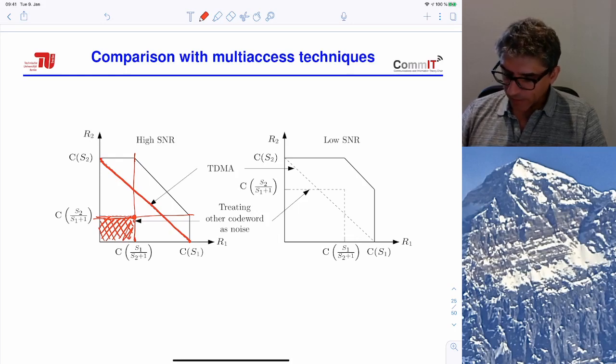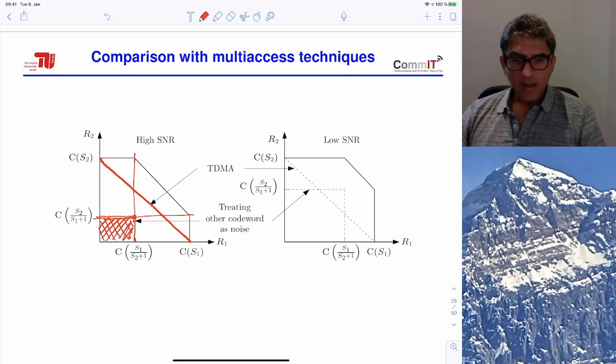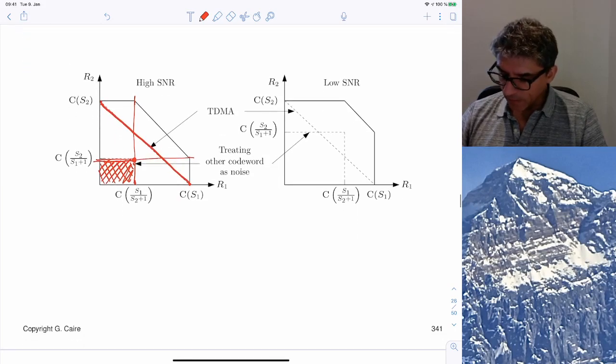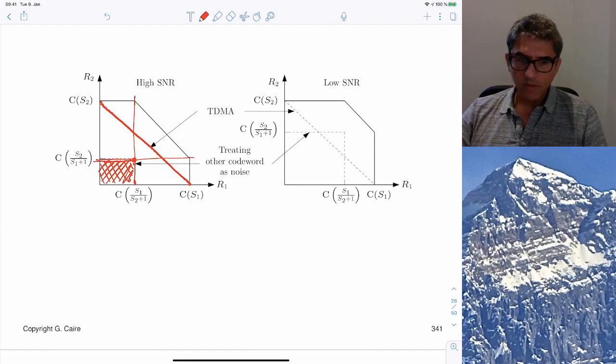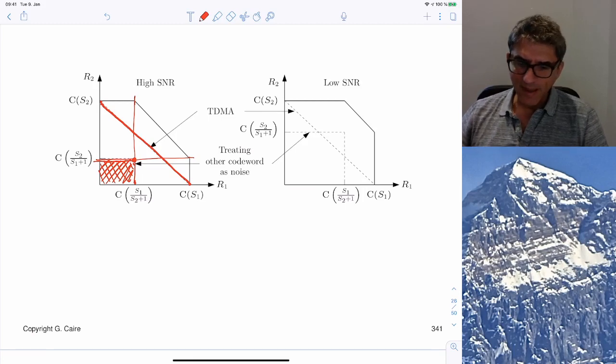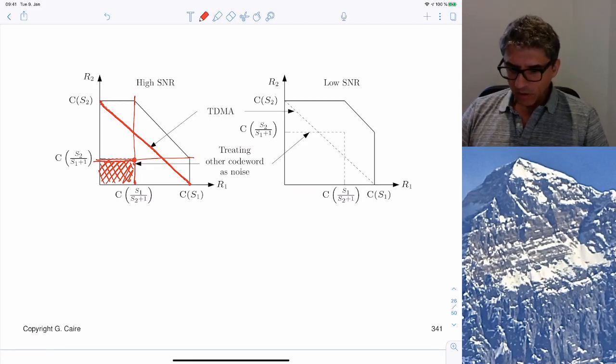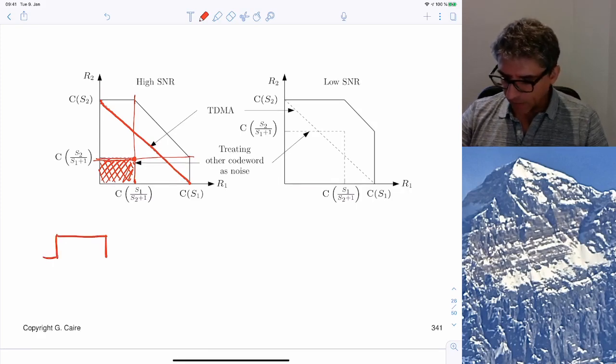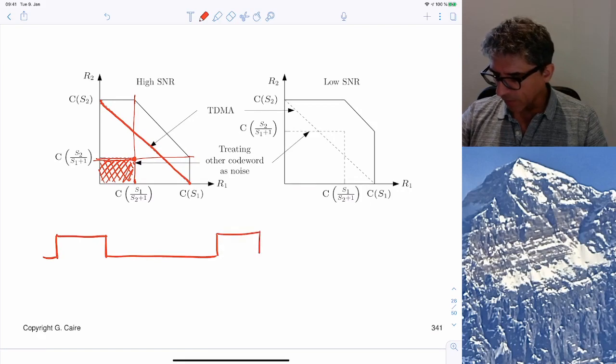And it turns out that if we use TDMA, with the fraction lambda only user 1 transmits, and with fraction 1 minus lambda only user 2 transmits, then the average energy per symbol gets reduced, because user 1 will be active only for a fraction lambda of the time.